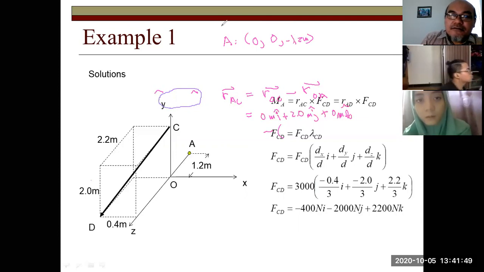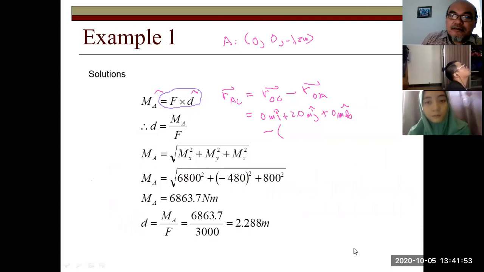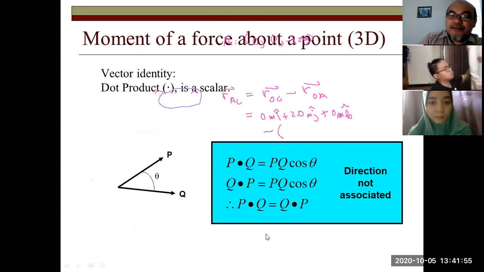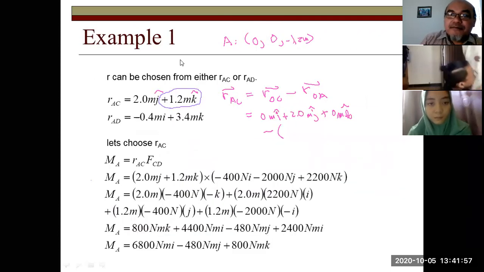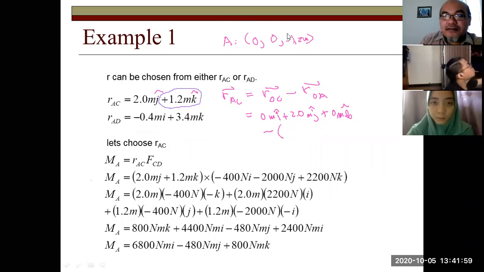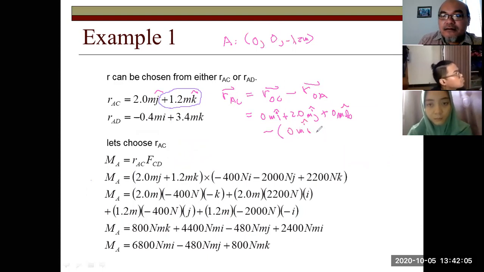So we already draw here. So this is minus 0 meter I plus 0 meter J minus 1.2 meter K.